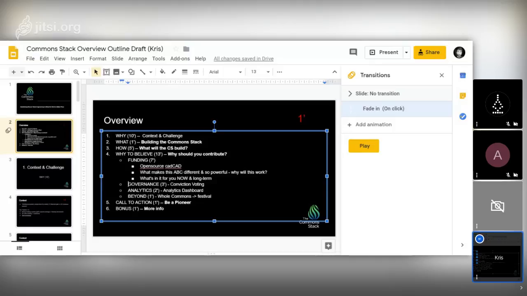Then a way shorter point on what is conviction voting, what is analytics, conviction voting and Giveth DApp integration. Then a little bit on the analytics dashboard, and then what is coming after that. That is actually the conclusion, ending in beauty and saying, hey, this is what we're aiming at. This is the big picture. We're going to build a whole commons, and this is the future that we want you to be a part of.